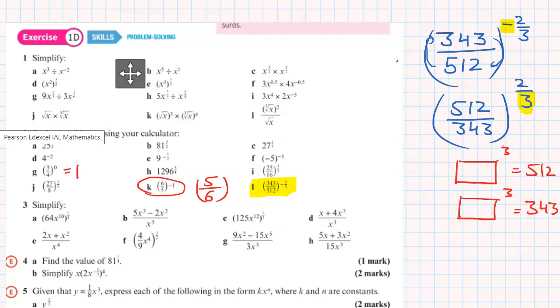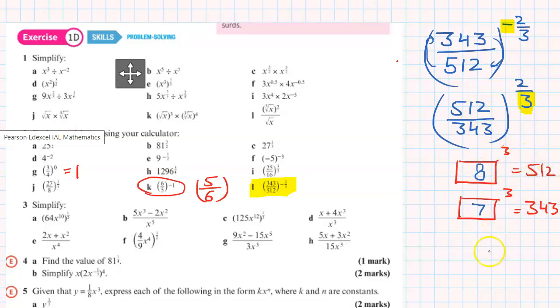You can use your calculator to find the third root of 512, or if you remember, I told you you must know the squares of the first 20 numbers and the cubes of the first 10 numbers. If you know the cubes of the first 10 numbers, it will help you. You know that 7 to the power 3 is 343, and 8 to the power 3 is 512.